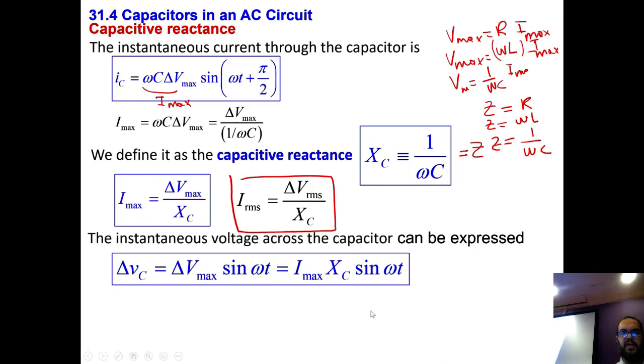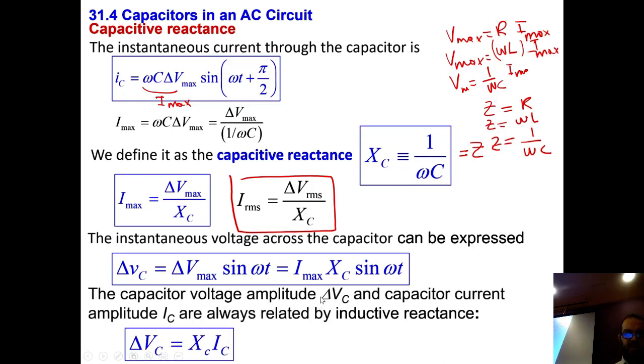So he kind of reverted to the other convention in this part. The capacitor voltage amplitude and capacitor current amplitude are always related by the capacitive reactance, and so delta V of the capacitor is equal to XC, which is 1 over omega C, times IC. So it can be RMS or maximum voltage and current.